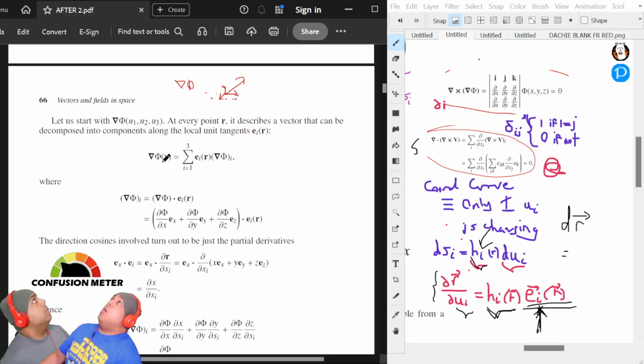Okay, no problems yet. Summation of three. They just split it up into the unit vector and the magnitude, I guess.